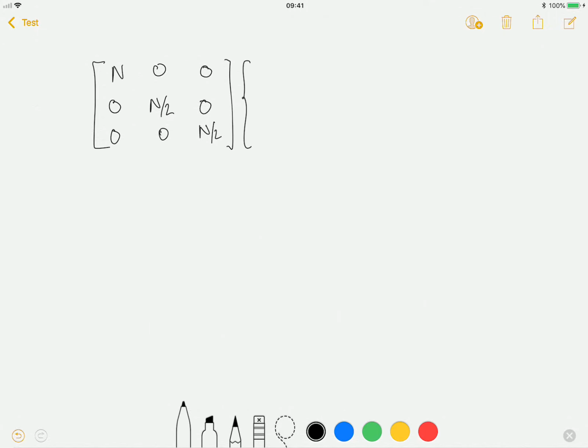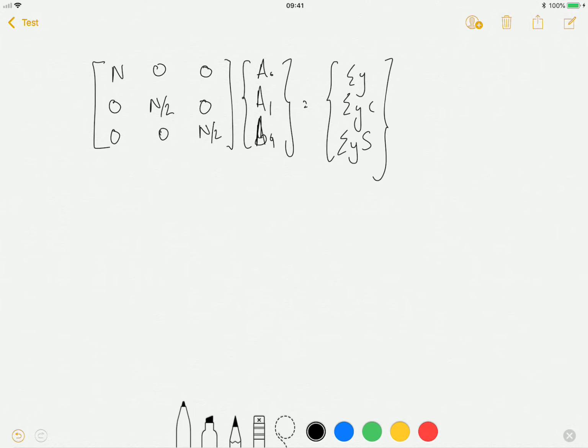Alright, so we rewrite our matrix. Sorry, this is b1. And that is equal to sum of y, sum of y cos, sum of y sine.